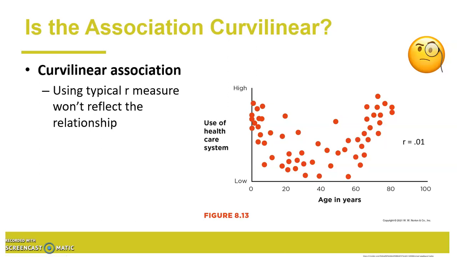Okay, so an R value really is only useful for telling you the strength of a linear relationship, one that's best represented by a line. This, though, is a curvilinear relationship best represented by a curve. Okay, there are other analyses that you can use that can measure the strength of a curvilinear relationship. Okay, so you'd want to use something like that rather than your typical Pearson correlation. Okay. All right, that's the end of this section.